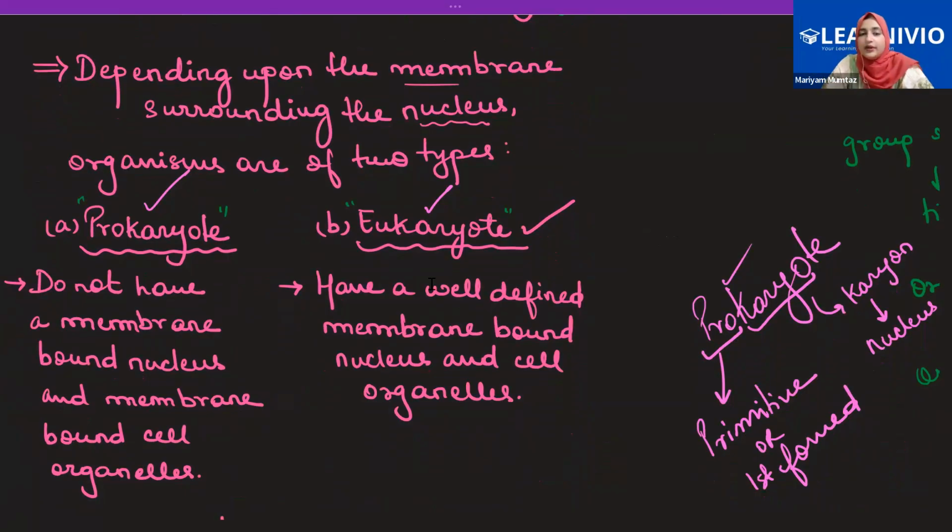Apart from that, prokaryotes don't even have membrane-bound cell organelles. But eukaryotes have a well-defined membrane-bound nucleus. Along with that, all the different cell organelles, membrane-bound and non-membrane-bound, both types of organelles are present in them.